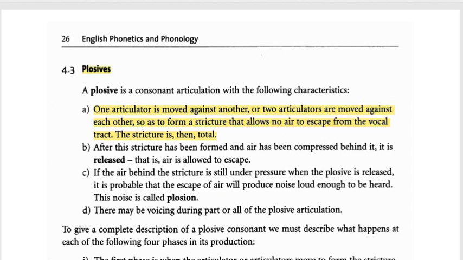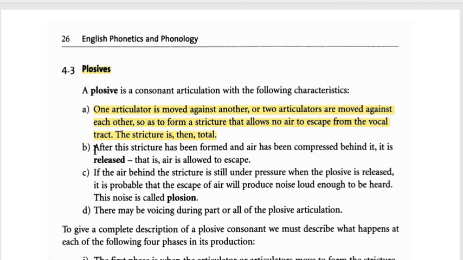The two articulators are moving against each other and they are closing the air tract. There is no air escape, so there is a total closure. This is the first phase of it.